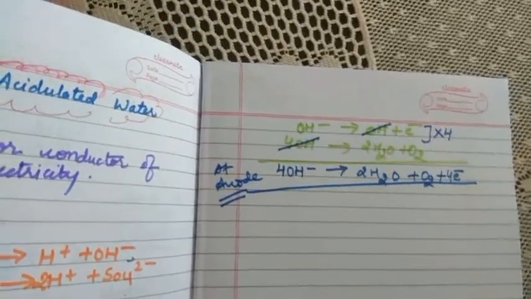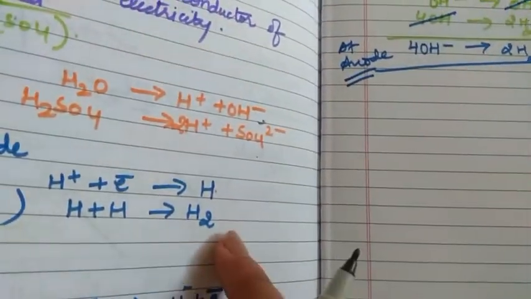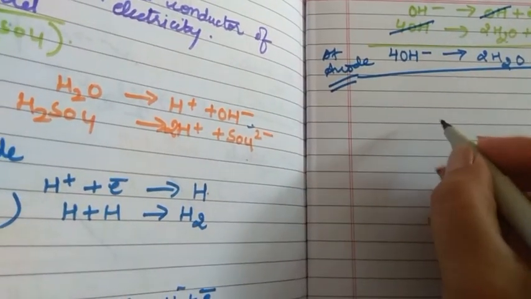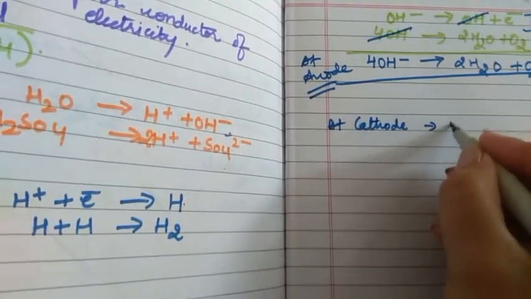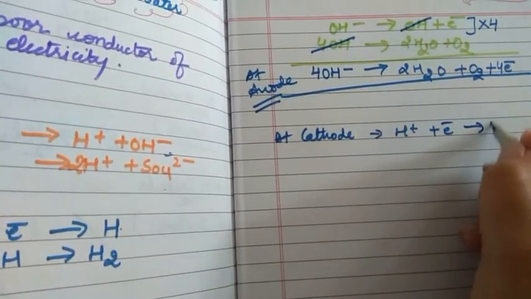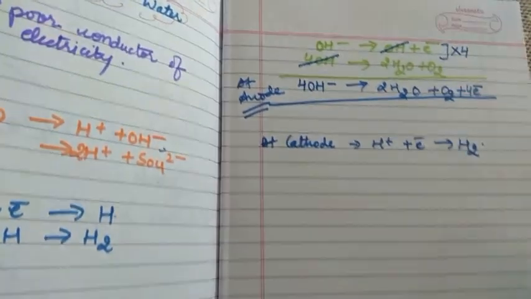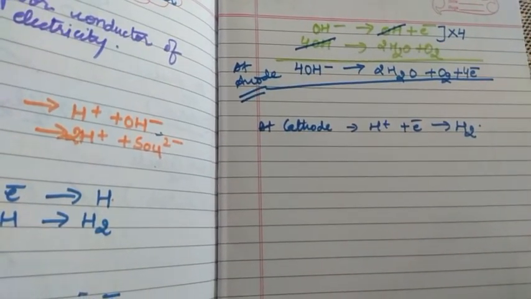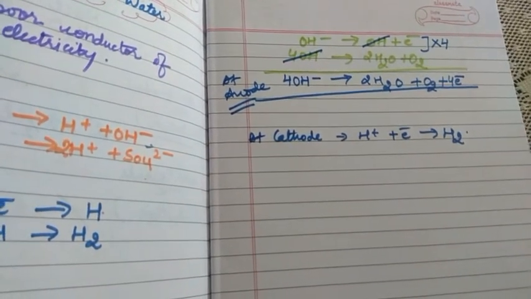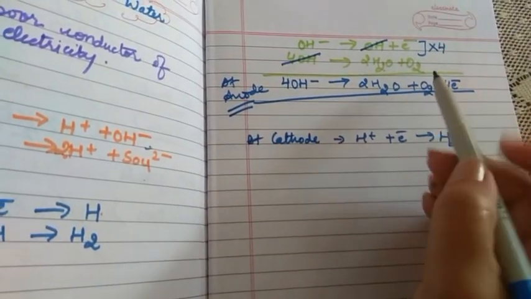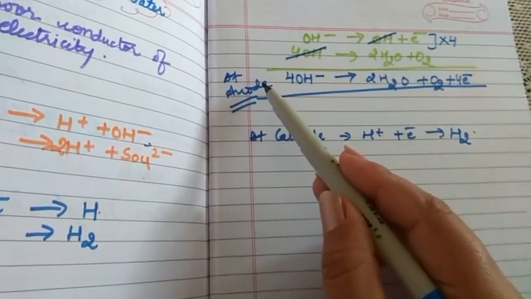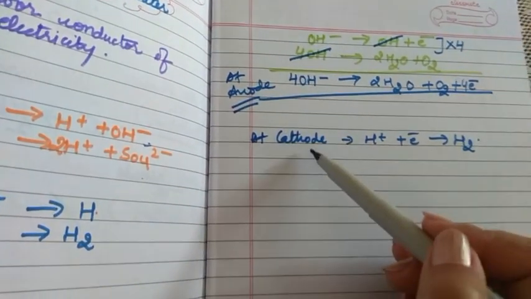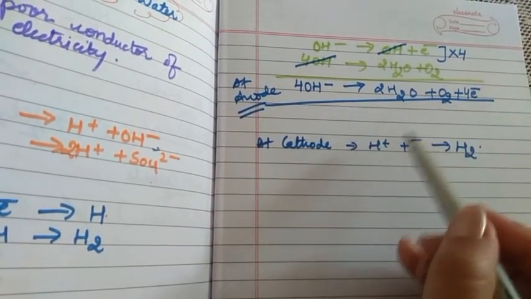Now at cathode, we have this reaction. We have H+ at cathode. H+ plus electron will give H2. Now here how many electrons are involved? 4 electrons are involved here. So always when you add the equation at anode and equation at cathode, make the number of electrons the same.